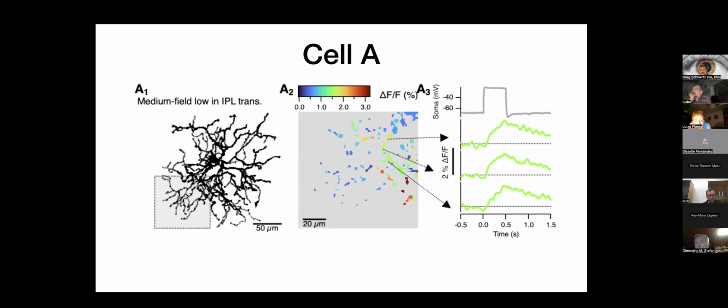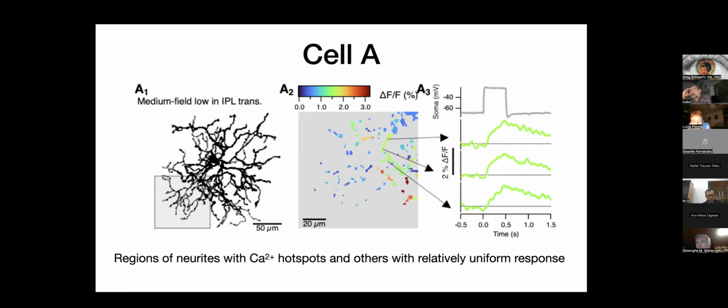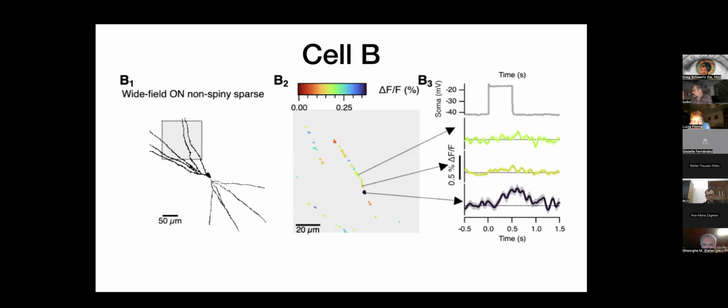Like all of these places respond about the same, but then there's hot spots in other locations and other places that don't really respond at all, even though they're also still close to the soma. So regions of neurites in this cell seem to have these red calcium hotspots, where others have these relatively uniform responses. This cell has kind of some of both things going on.